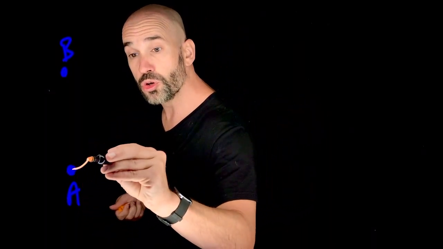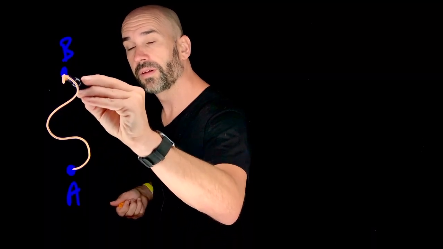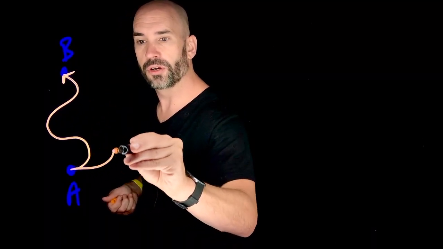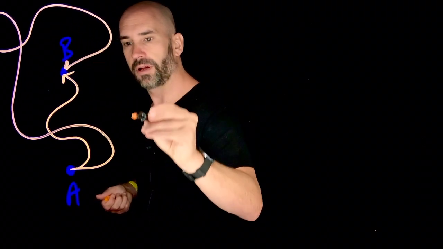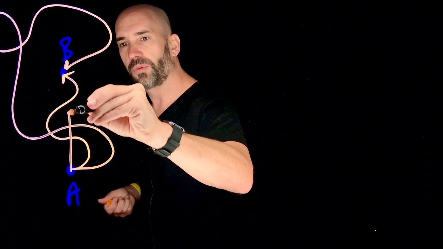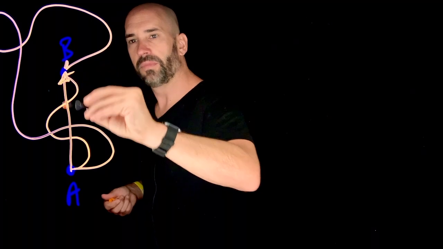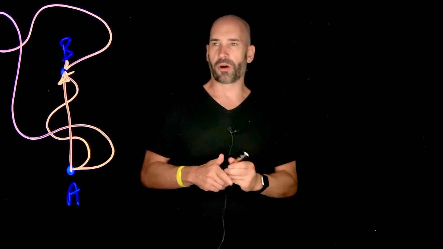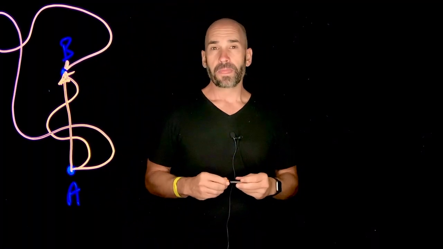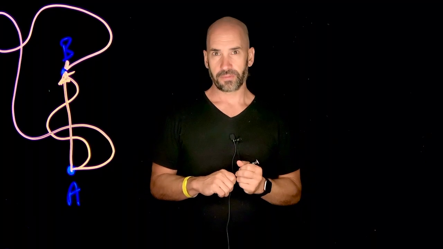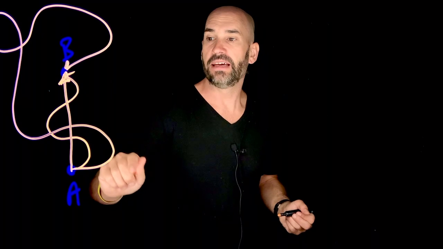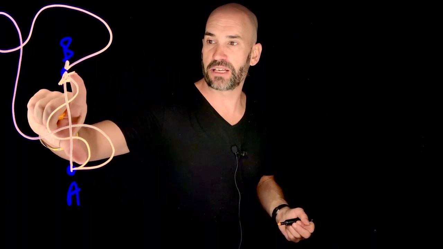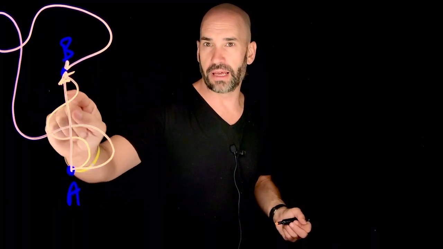I could go from here to here. I could go from here all the way up here and then over to here, right? Or I could go straight from one side to the other, right? And there are infinitely many more paths I can take. But for a non-conservative force, it matters what path you take. It doesn't just matter the ultimate displacement, where you start and where you end.